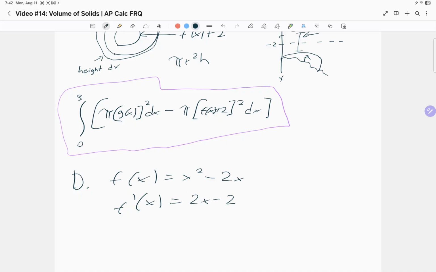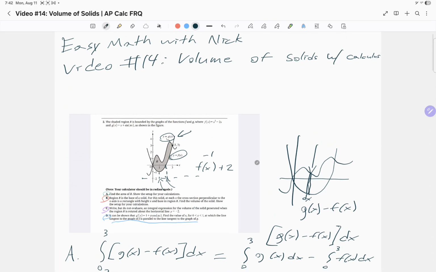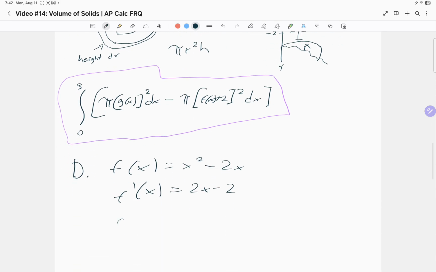Wasn't that easy? We're not done yet. We have to set that equal to g prime of x, which they were nice enough to give you, even though you should be expected to find it on your own if you had to. G prime of x is 1 plus pi cosine pi of x.